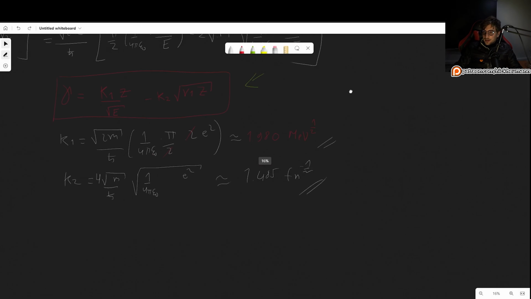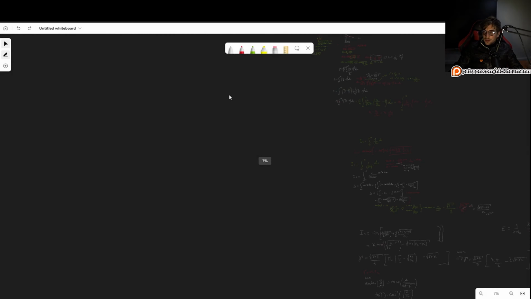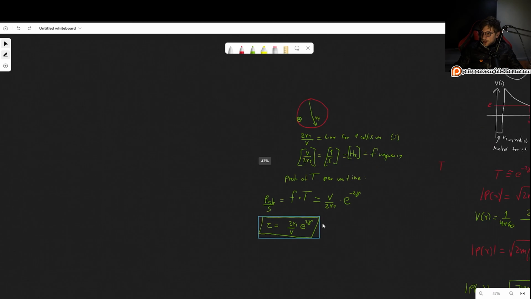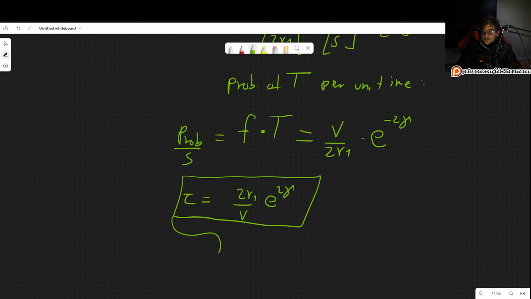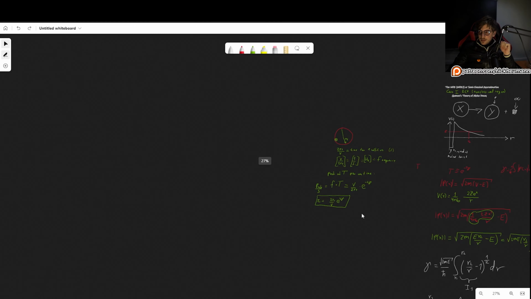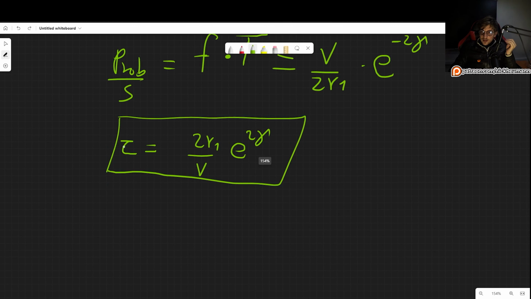And with gamma, as we saw at the very beginning of the problem, we can find an estimate for the lifetime of the particle. So as you can see, the WKB approximation has allowed us to find this lifetime.